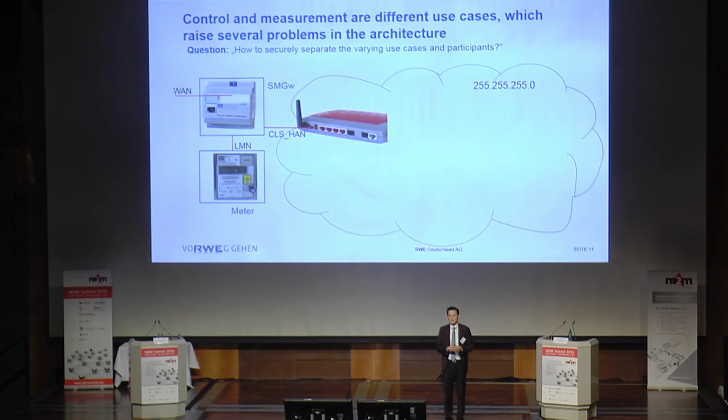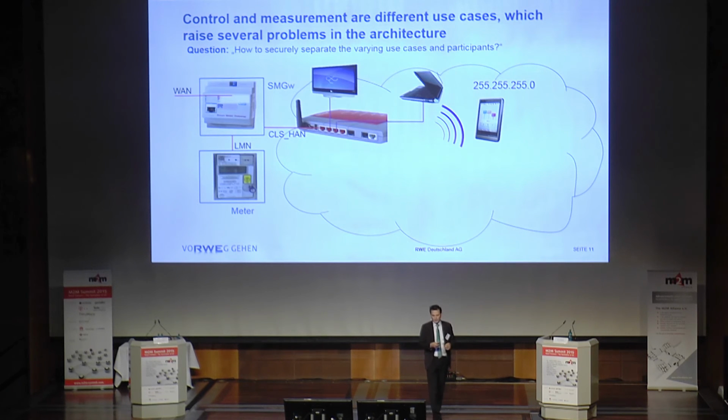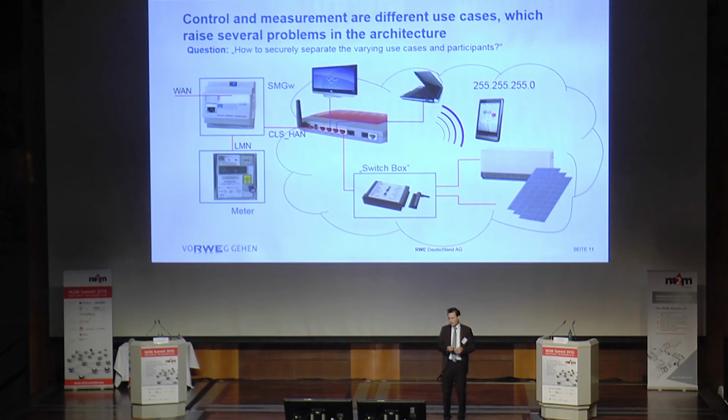You will say, okay, Ethernet port, I will take my patch cable and connect my Fritz box from AVM to the smart meter gateway, and I will try to surf the internet through this smart meter gateway provided by my DSO for zero money. And of course, I have my television, my laptop, smart home applications within this network. And on the other side, I need to operate my switch box in order to control night heatings and PV panels. And so here you can see a major problem which we have.